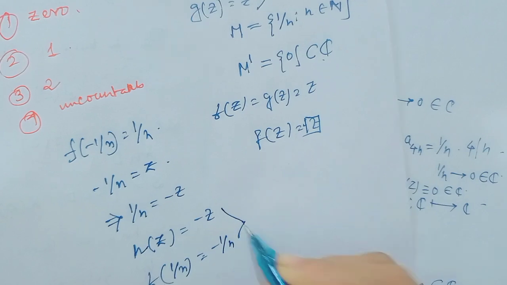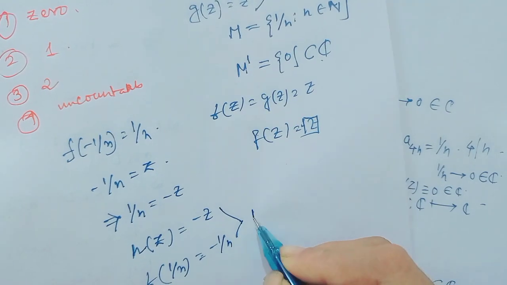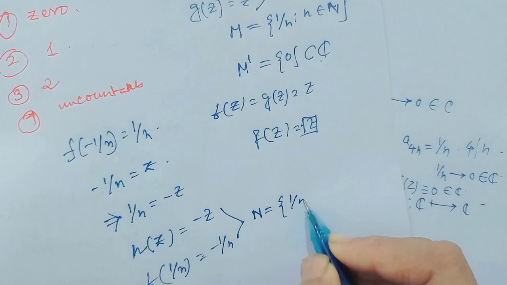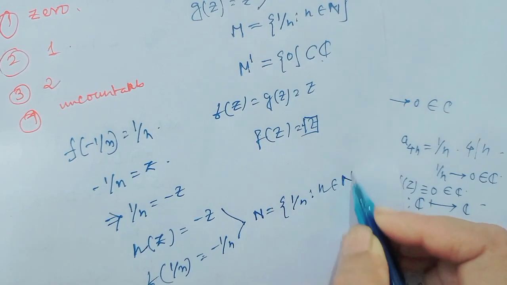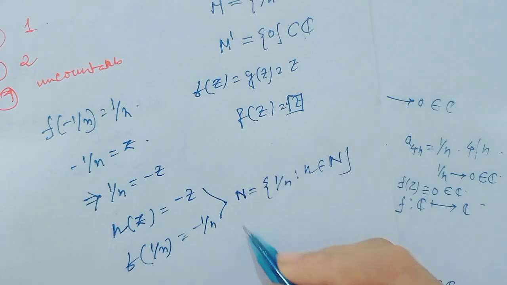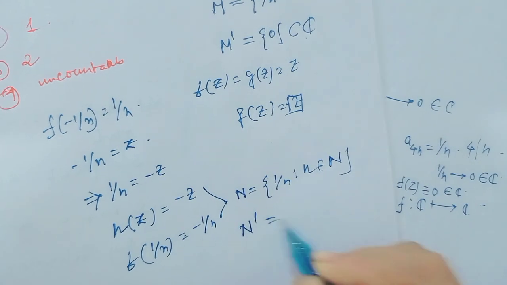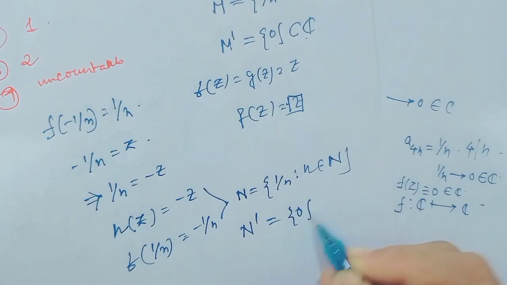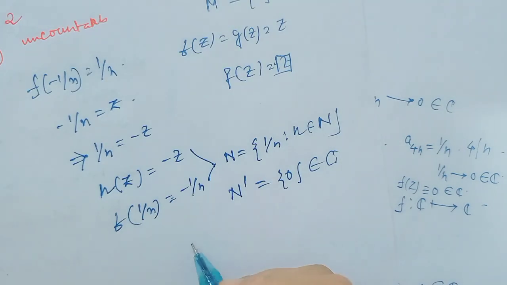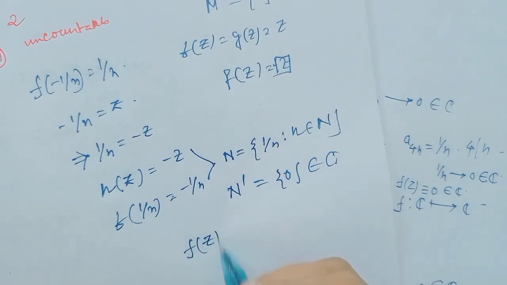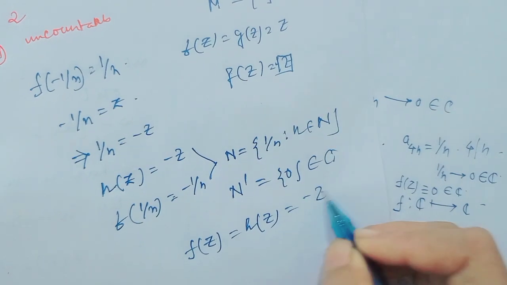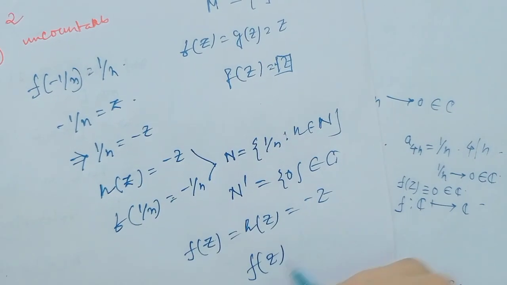These two functions coincide in the set M equal to 1 over n such that n belongs to natural numbers. Similar to before, the limit point of this set is 0, which belongs to the complex numbers. So f(z) equals h(z) equals minus z. That means f(z) equals minus z.